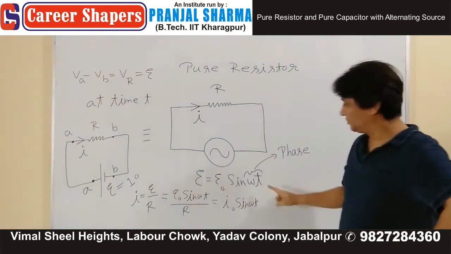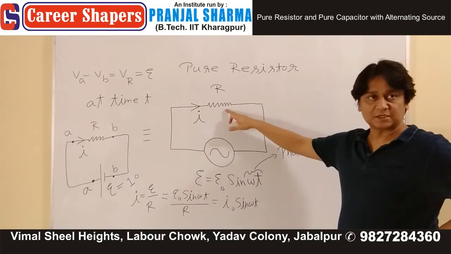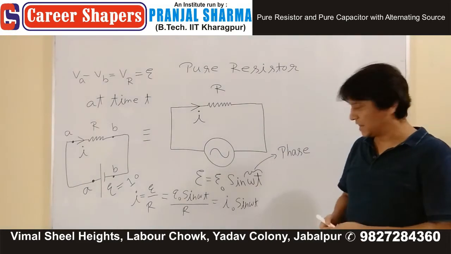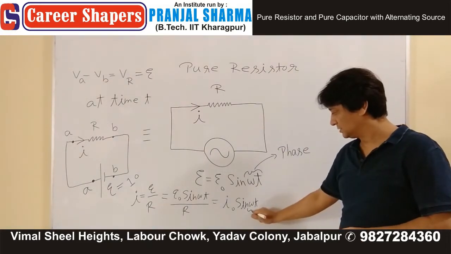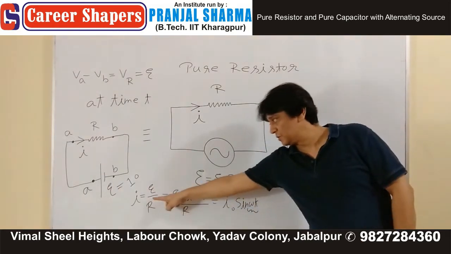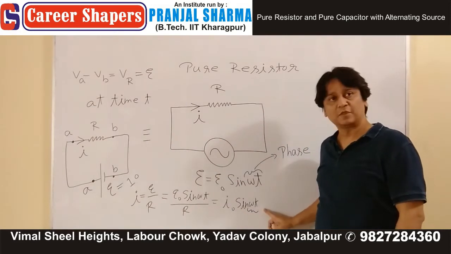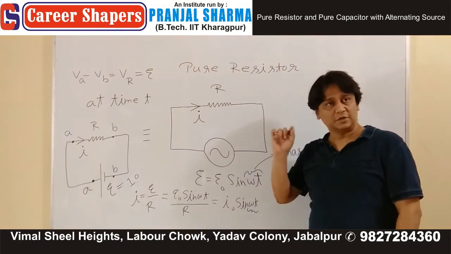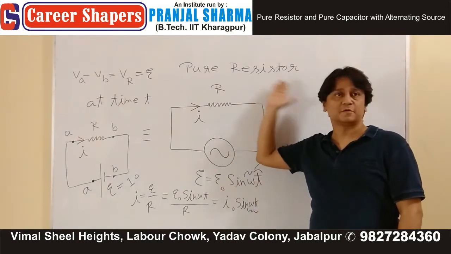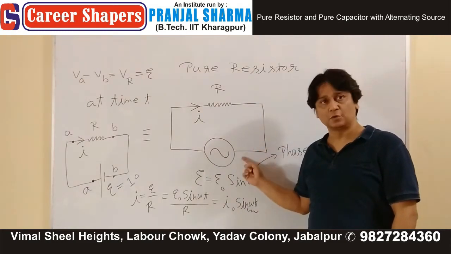If phase of potential difference across the resistor is omega t, then current flowing through the resistor is also in the same phase. This is the important argument which we gather from this pure resistor connected across an alternating source.